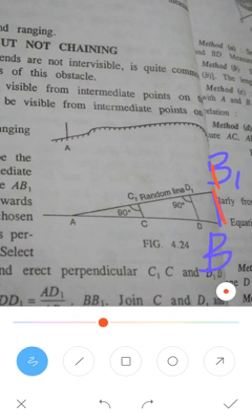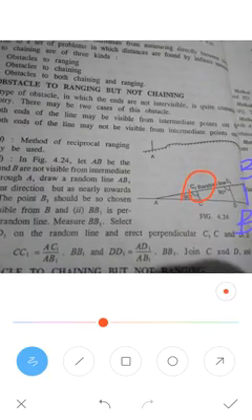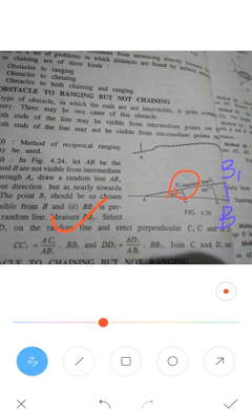Then the points C1 and D1 on the random line. Here at C1 and D1, you should also draw a random perpendicular line, perpendicular to the random line. Then the length CC1 should be measured using this formula: AC1 divided by AB1, into BB1. AC1 means from here to here, whatever the distance is.